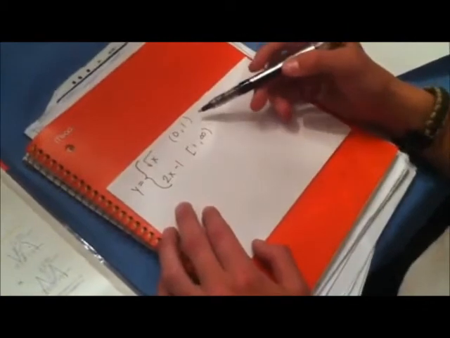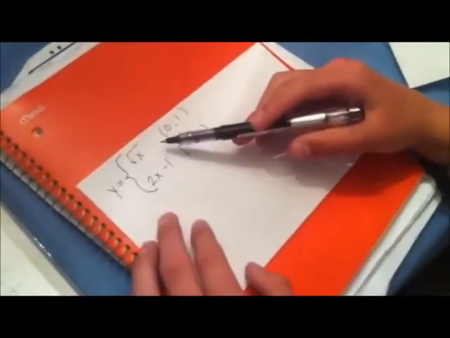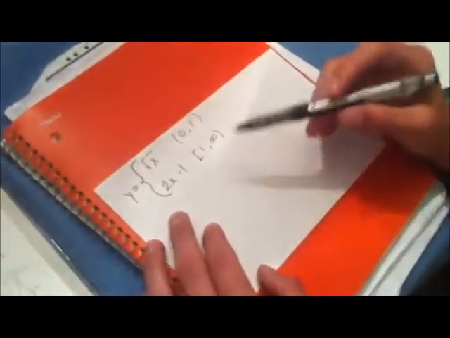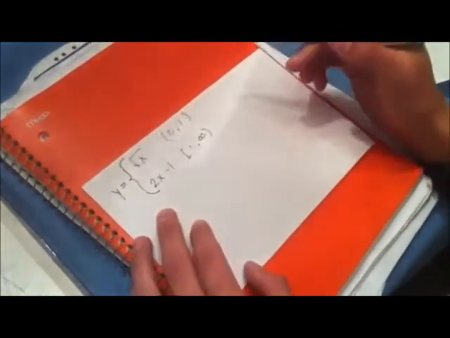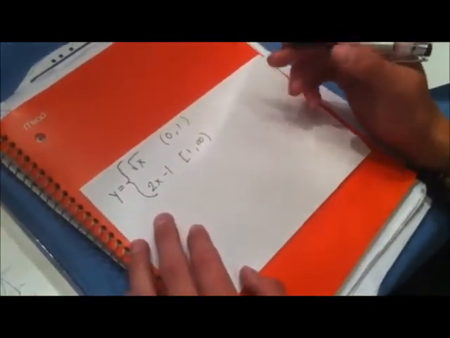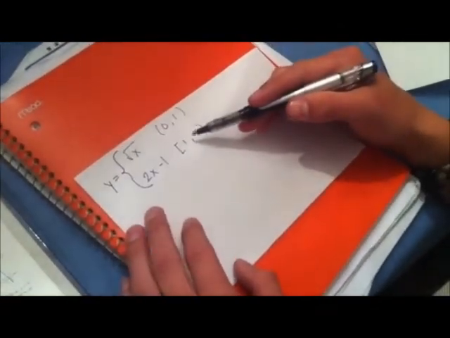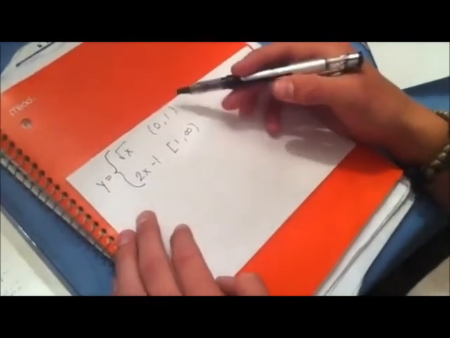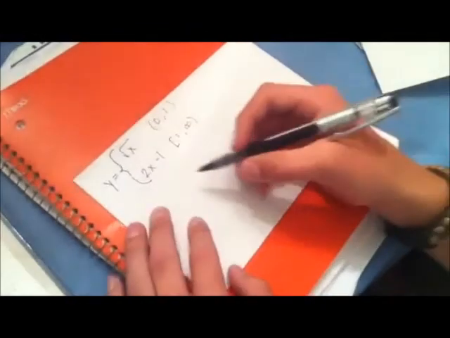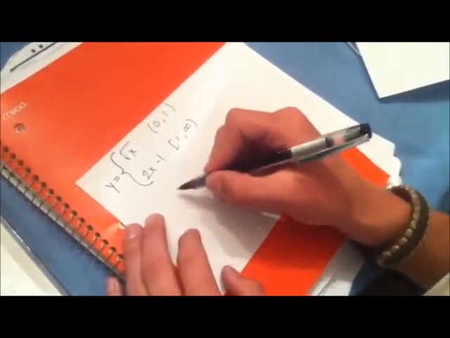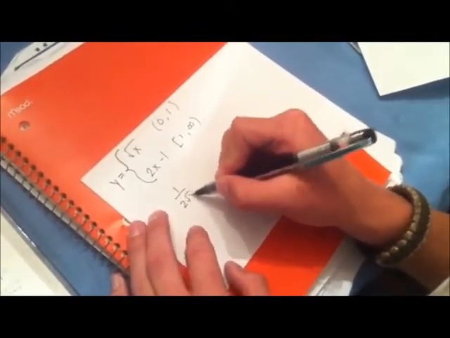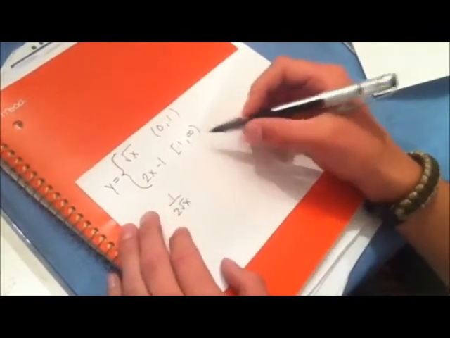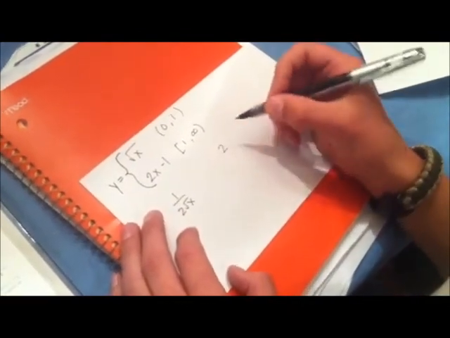For this piecewise function we have root x, which is differentiable by itself, and 2x minus 1, which is also differentiable by itself. They meet at x equals 1, so we need to test that and see if they have the same slopes there. The derivative of root x is 1 over 2 root x, and the derivative of 2x minus 1 is just 2.